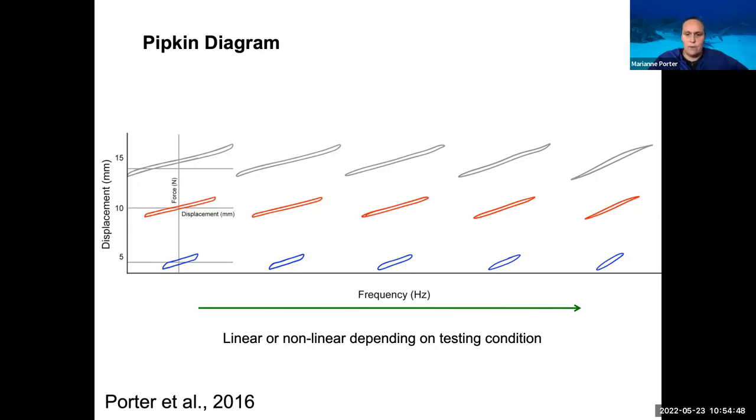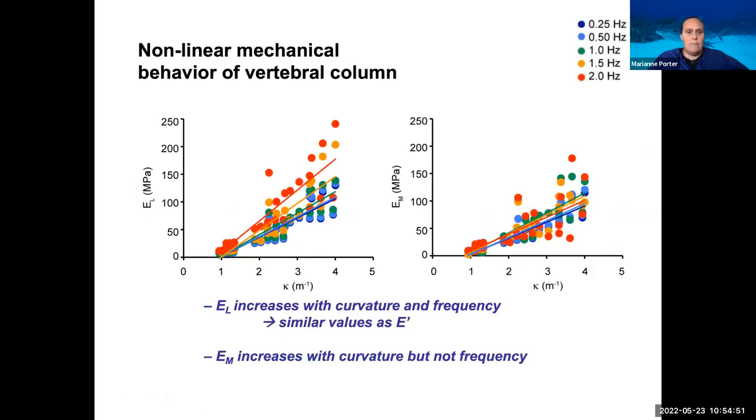And one of the things I want to show you is an example of just our stiffness at largest strain and minimum strain. And what we found was that in the case of the largest strain, we got increases related to curvature and frequency with our statistics, and stiffness at the largest strain was similar to our storage modulus.